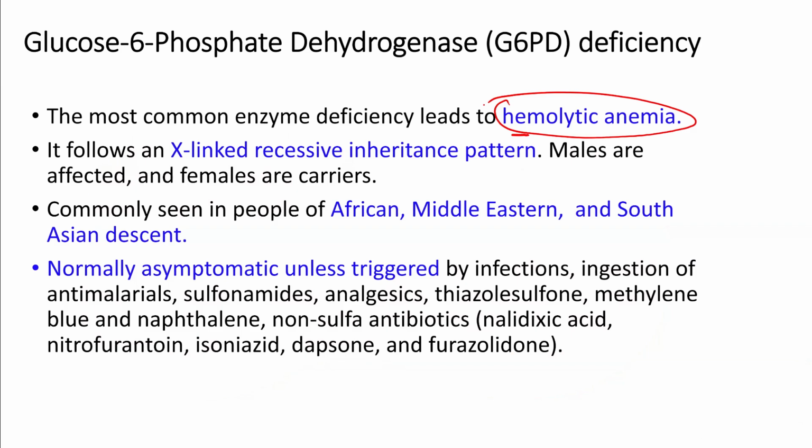Compare that with pyruvate kinase deficiency. Pyruvate kinase deficiency is the second most common cause of hemolytic anemia among all enzyme deficiencies. The first most common is G6PD.